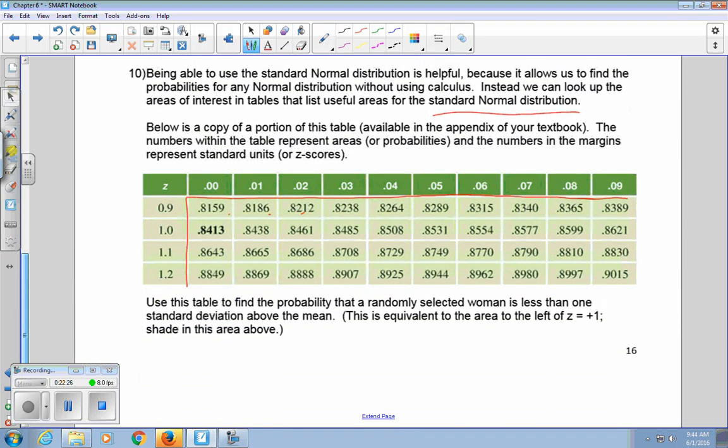So along our table on the outside are z-scores. And as I said, this is just a portion of the table to look. So we're looking for a z-score that's equal to 1.00. So you start by going down this column until you find the z-score you're looking for, 1.0. That's in the down part. And we find that here.